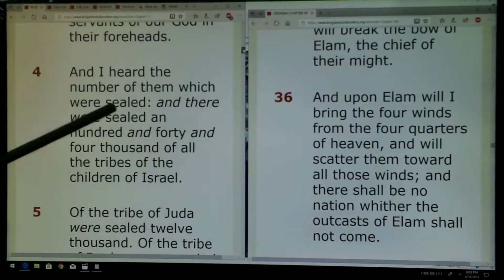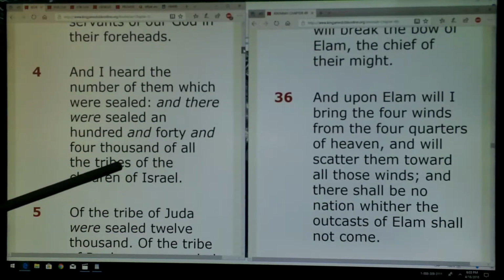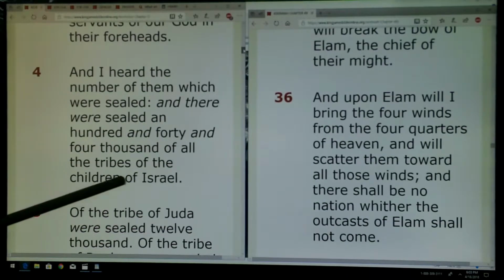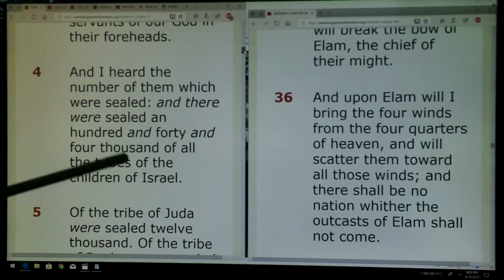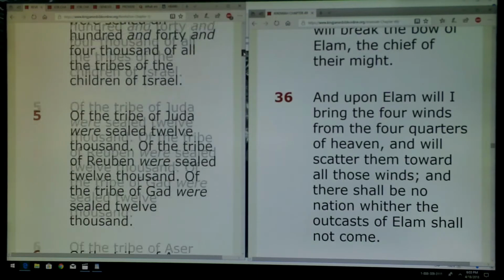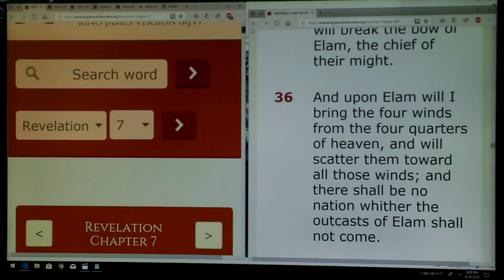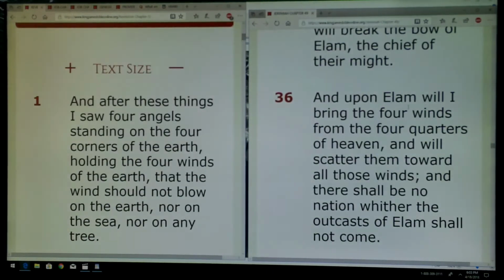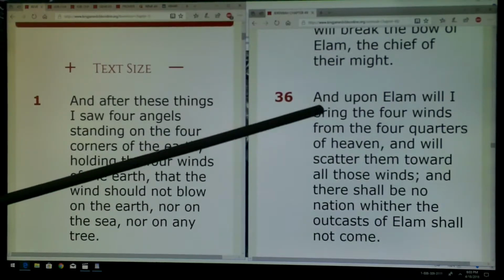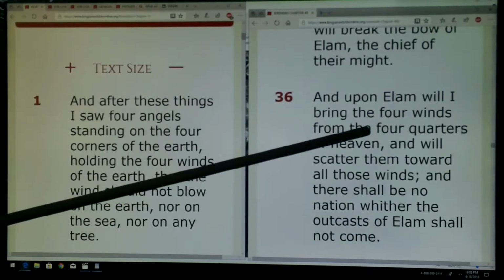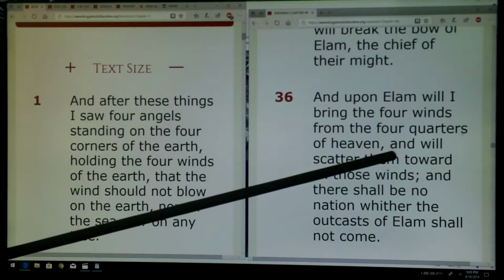And I heard the number of them which were sealed, and there were sealed 144,000 of all the tribes of the children of Israel. This is about sealing the tribes of Israel, okay? All the tribes, 12,000 out of each tribe. That's what this is about. Now he said this is the same. Okay, now over here it says, and upon Elam will I bring the four winds from the four quarters of heaven.